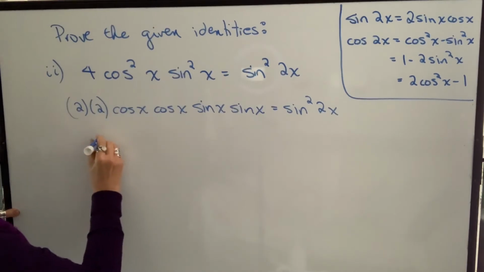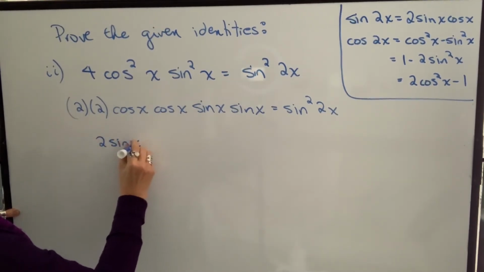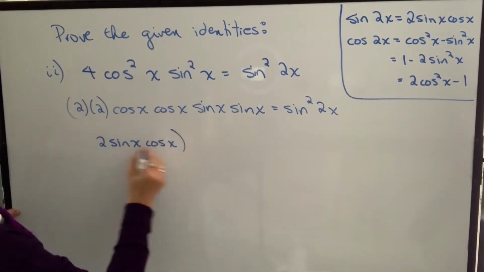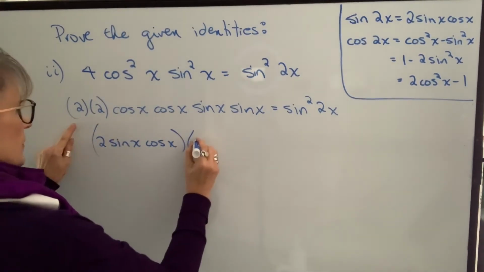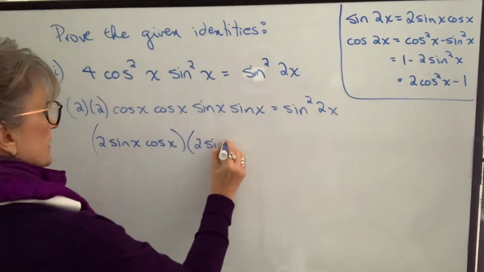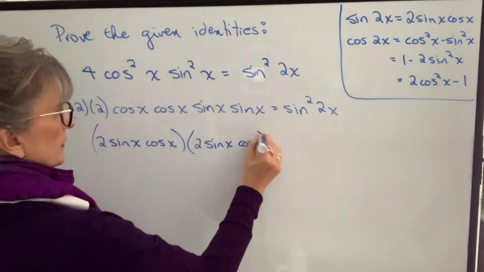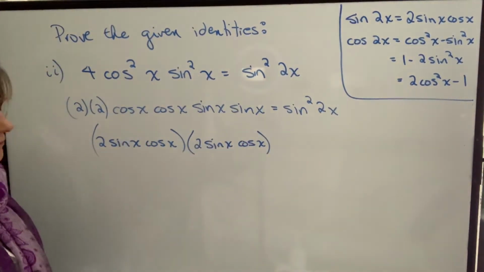Then I'm going to write that as 2 sine x cos x times 2 sine x cos x. So I'm just moving the factors around, which I can do.